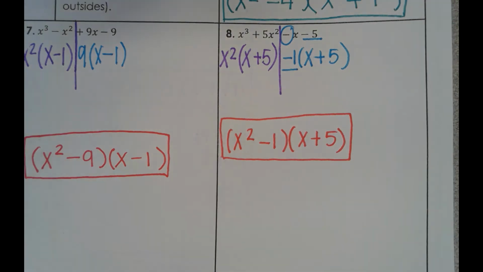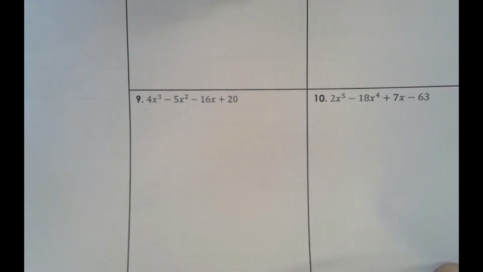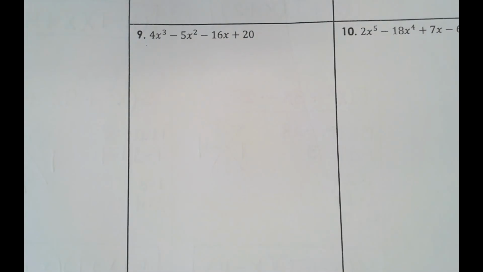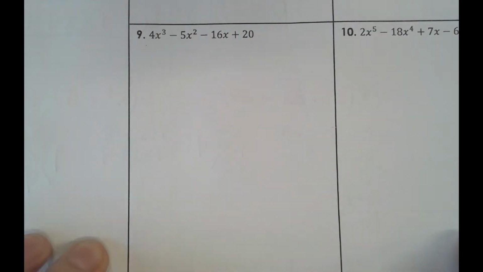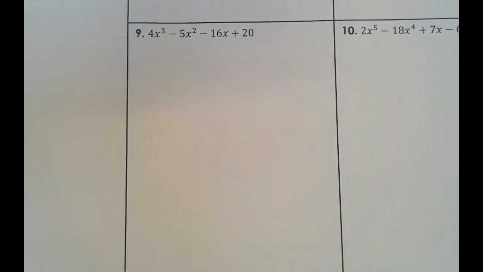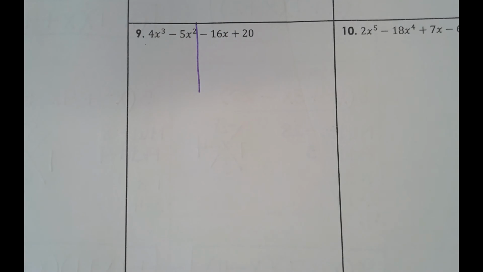All right. Number 9. Draw our line down the middle. Well, 4 and 5 don't have anything in common. Can't divide them by anything.